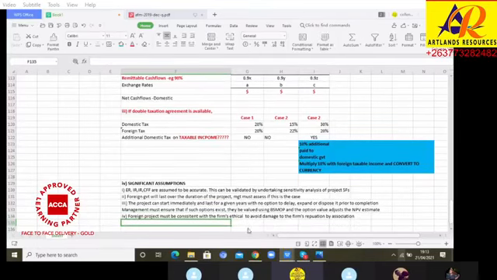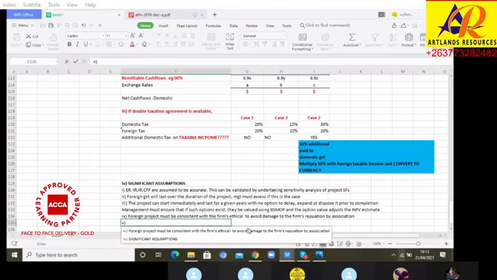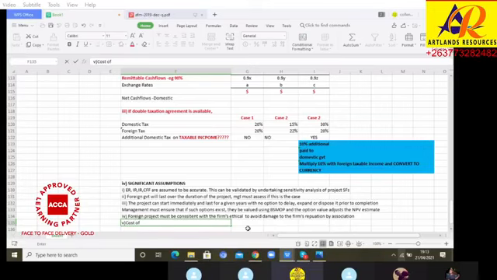Then another, number five: the cost of capital used reflects the risks associated with the project.